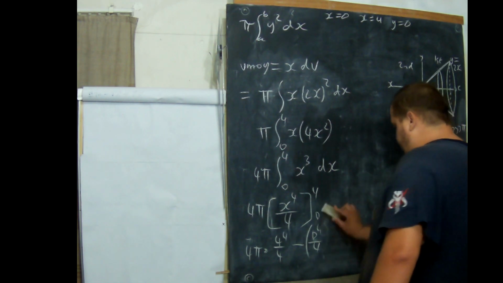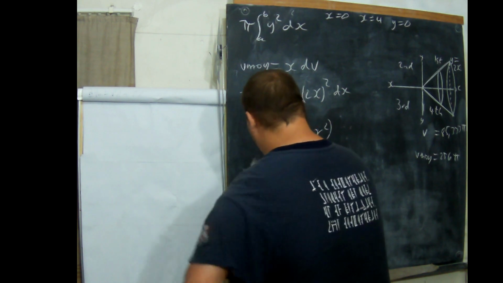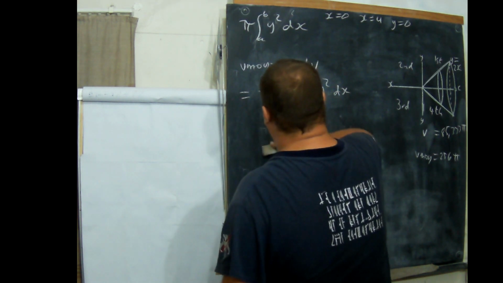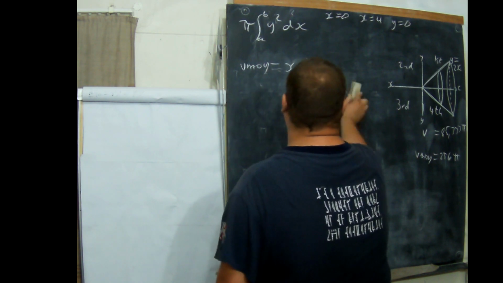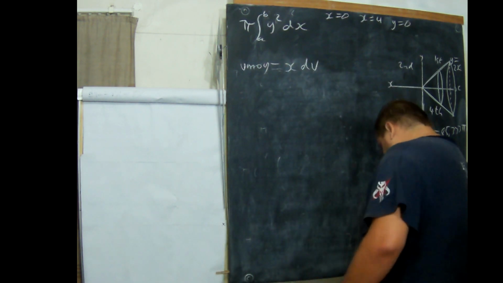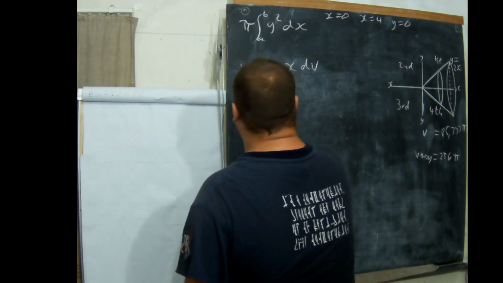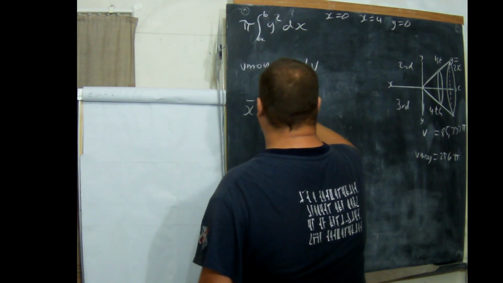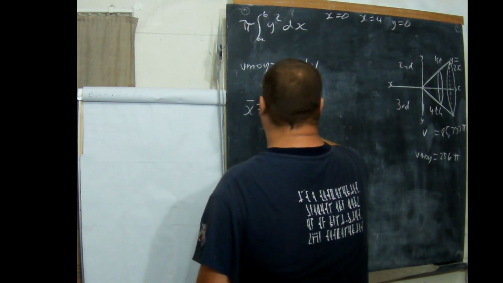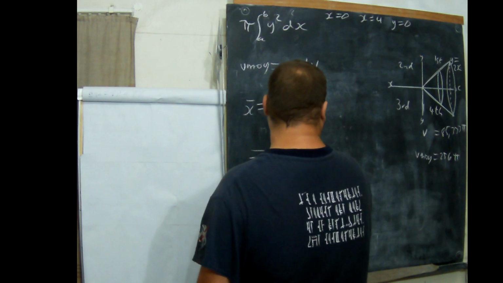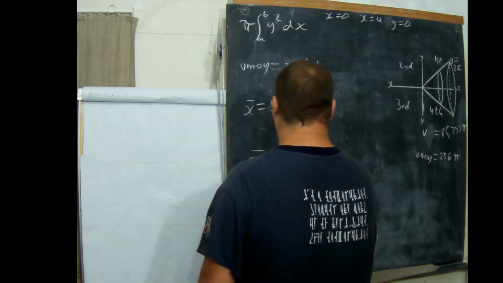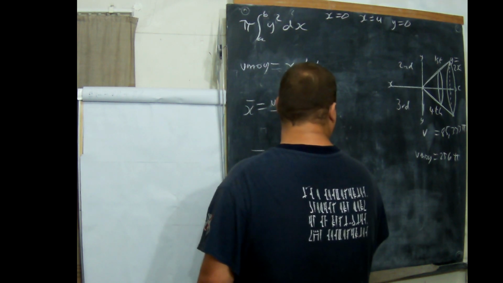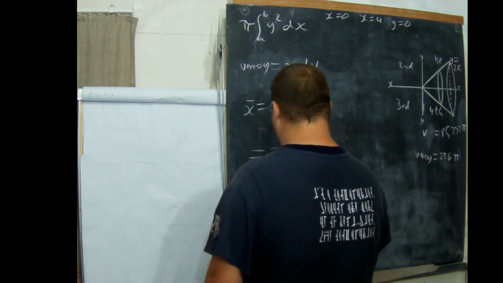Okay, now to get our x bar, all we have to do, x bar equals VMOY over V. So 256 pi over 85.333 pi.